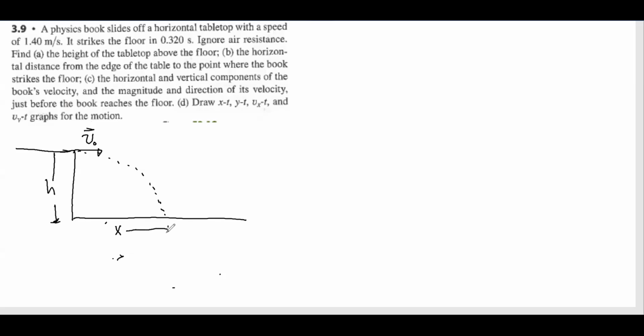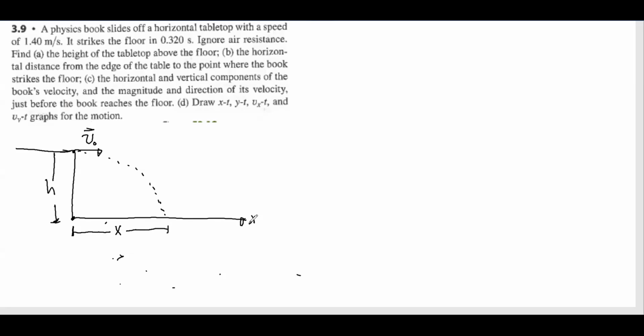This distance then will be x. It's important to decide on where you want to locate the origin for your coordinate system. You can either choose it at the ground in this case, or at the point where it jumps off the table, or just choose it at the ground.